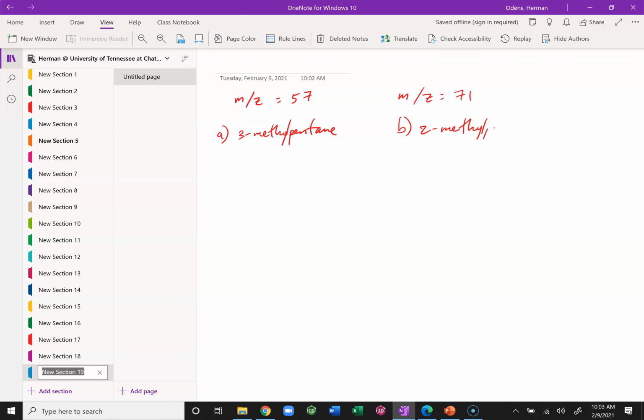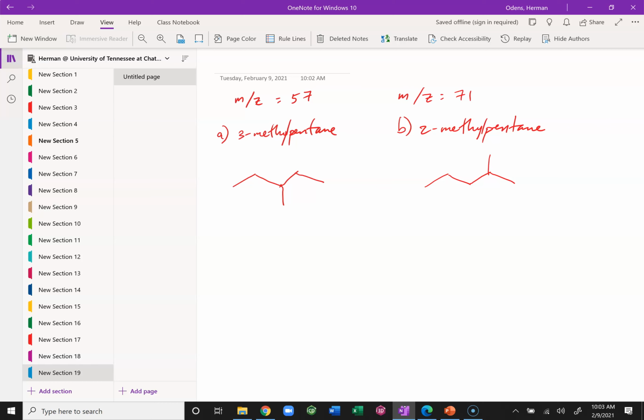I'm going to explain this so that when you get to the lab, you're not too lost. So let's draw this molecule. Pentane, 1, 2, 3, 4, 5. 3-methyl, right there. 2-methylpentane, pentane, 1, 2, 3, 4, 5, and there will be a 2-methyl here.